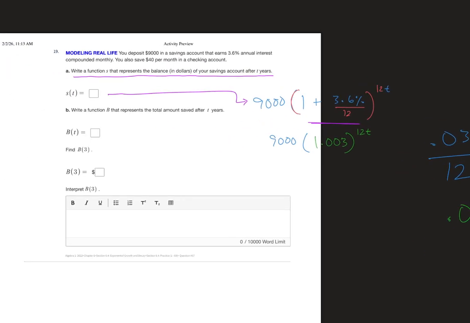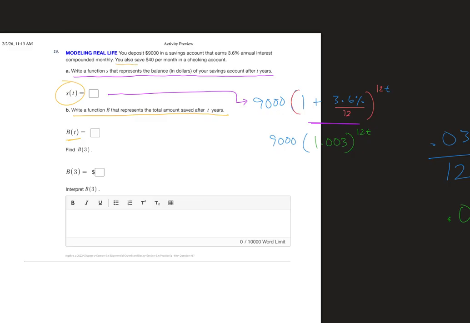And now it says write a function B that represents the amount saved after t years. Well, what that means is if we were just talking about savings, they would have said S of t. So why are they saying B of t? It's kind of like they're saying big B stands for the bank.